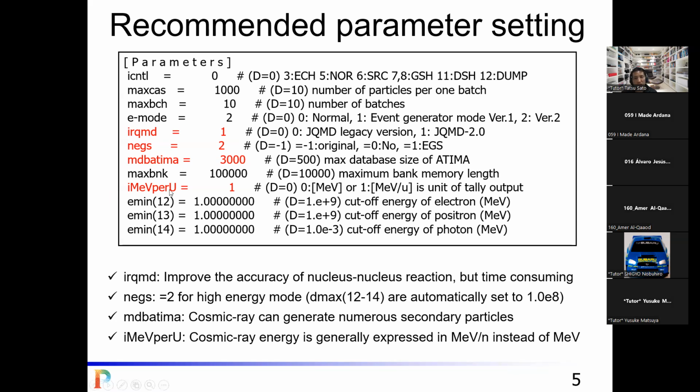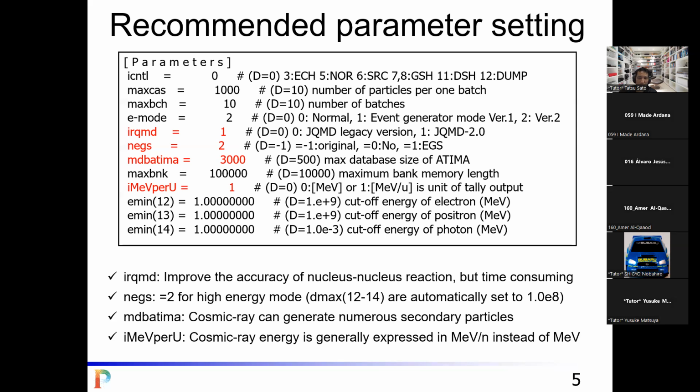And the last one is also very important for cosmic ray simulation. imeV per U is a parameter for whether the tallied particle energy is in MeV or MeV per nucleon.